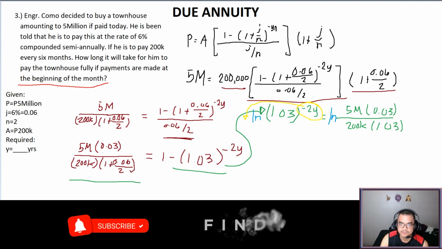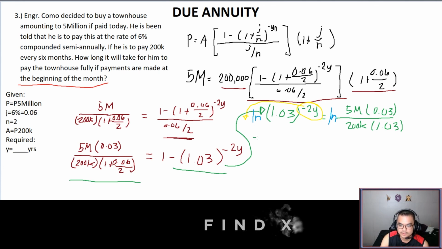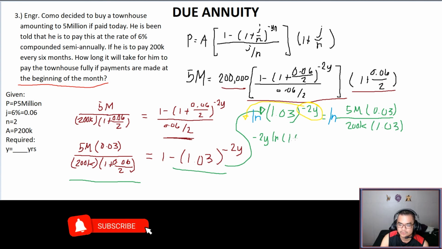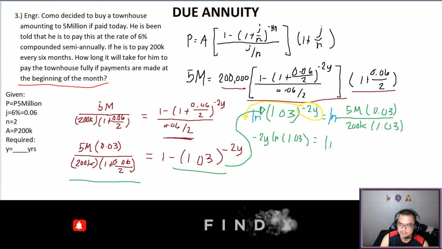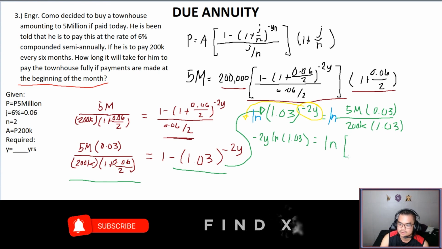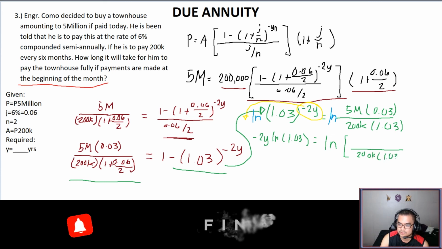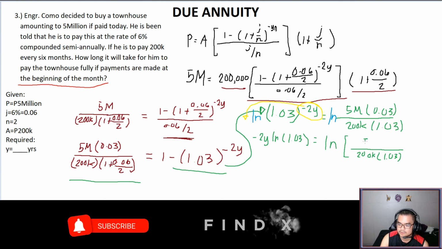So this is now negative 2y ln of 1.03 equal to ln of 200k times 1.03 and then 5 million times 0.03.